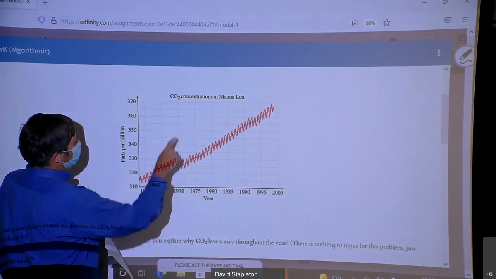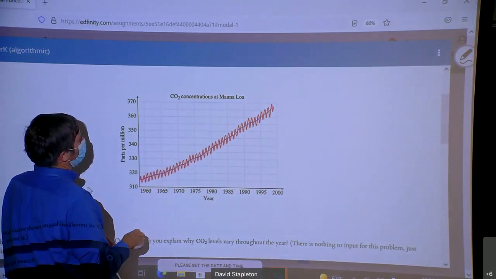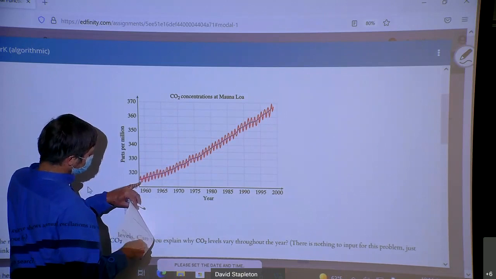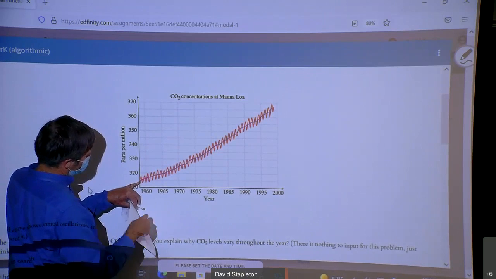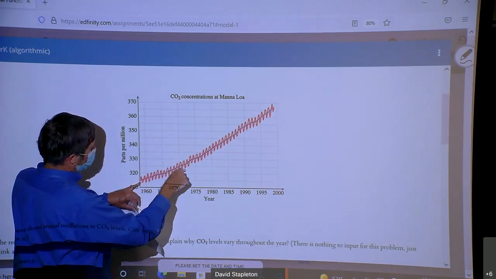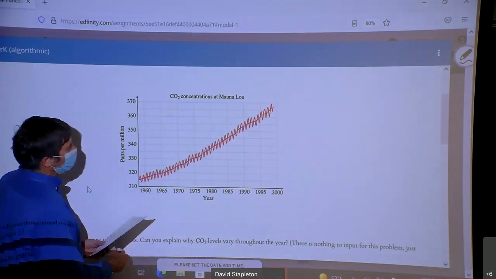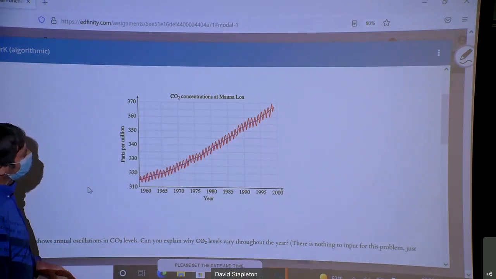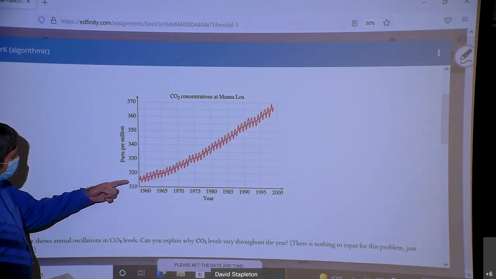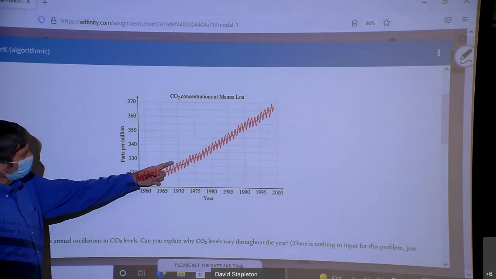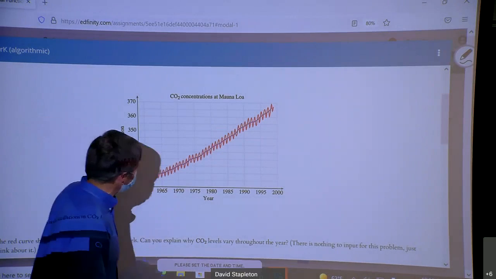How much carbon dioxide, CO2 is carbon dioxide, is in the atmosphere that they measure there. And it does this regular up and down each year, but each year it's been gradually rising as we put more and more industrial stuff into the air. And so there's the trend line, and it asks you a couple of questions about that.